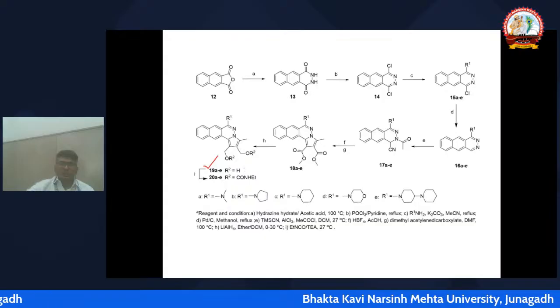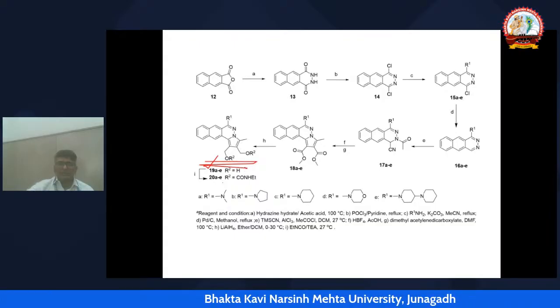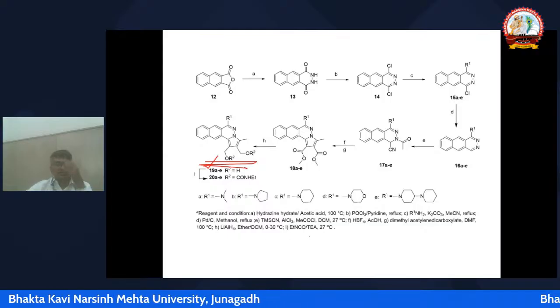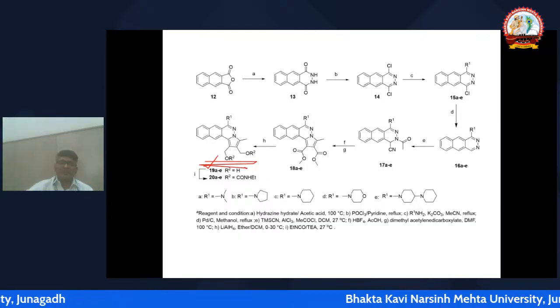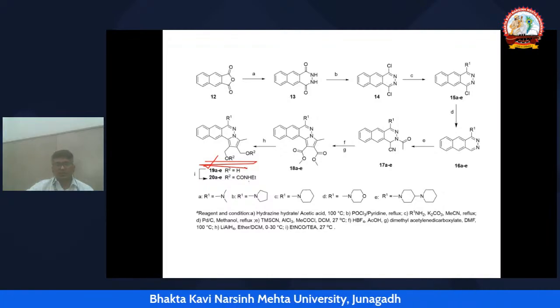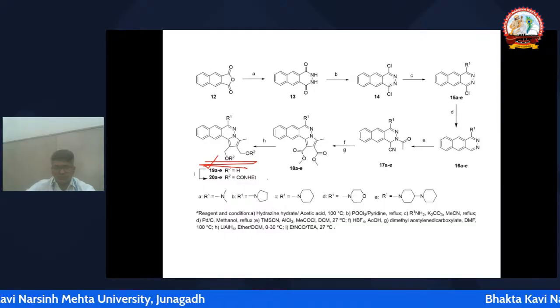So we have prepared this diol as 19A to E, and then we converted the diol with ethyl isocyanate into the ethyl carbamate. So here 28 is a carbamate molecule. The reaction is also carried out at room temperature.